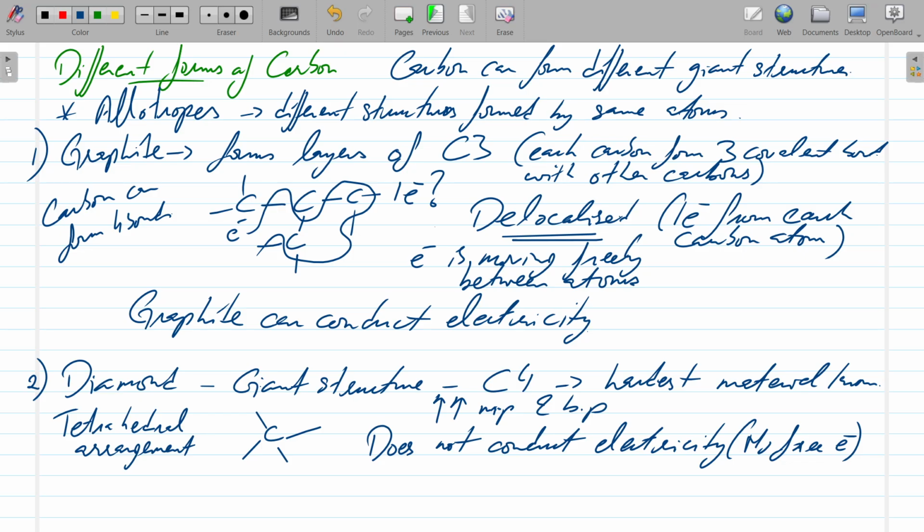Right, diamond can be made artificially by heating graphite at high pressure to 300 degrees centigrade. Graphite can be made artificially as well. It's given in the book. And they both have various uses.